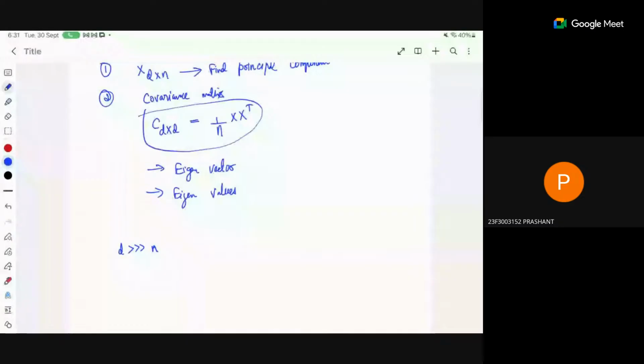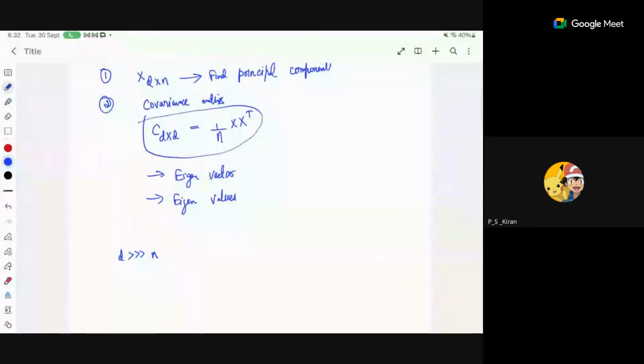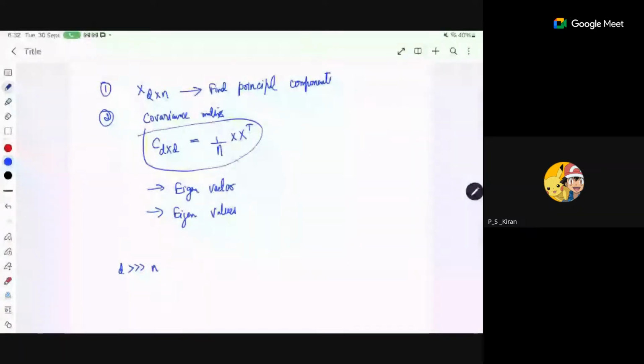Question. In the lecture, sir has taken it as X transpose X. Are you taking X as an n cross D matrix? Sir has taken this only, right? The covariance matrix is XX transpose.